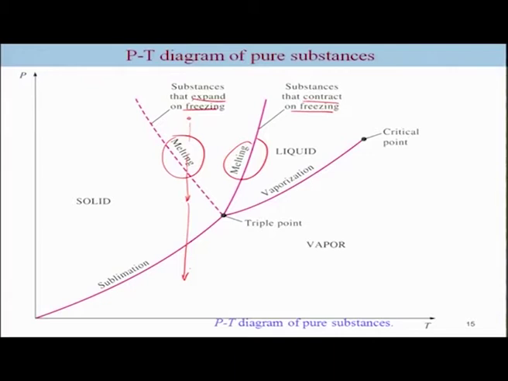On the other hand, for a liquid of a substance which contracts on freezing, you will get directly liquid to vapor. So for this case, you have liquid to solid to vapor, whereas in this case it is simply liquid to vapor.